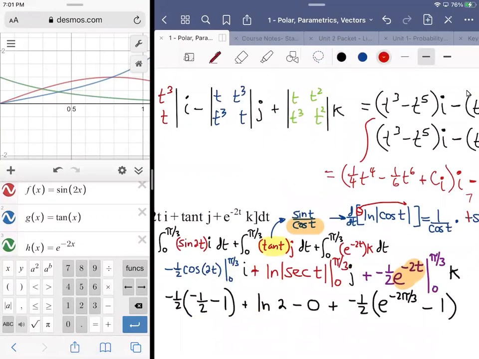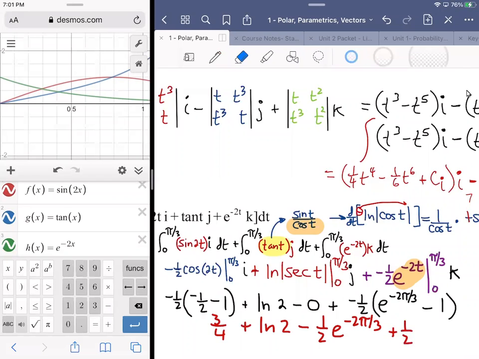But we're looking at 1/4. Well, actually, let me just do the parentheses first rather than multiplying. So negative 3/2 times 1/2 is going to be 3/4 plus ln of 2 minus 1/2 e to the negative 2 pi over 3 plus 1/2.